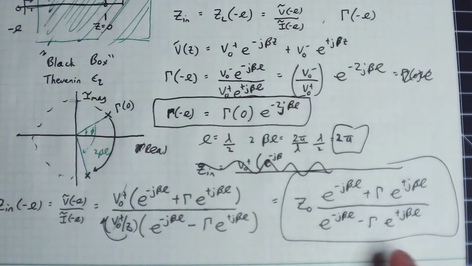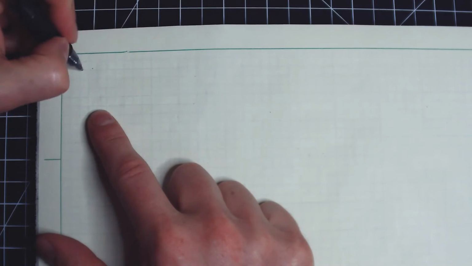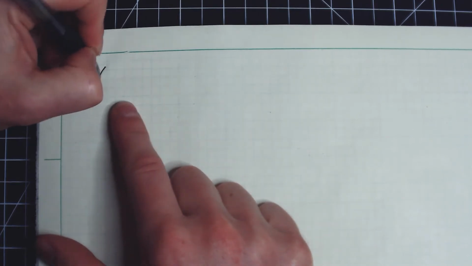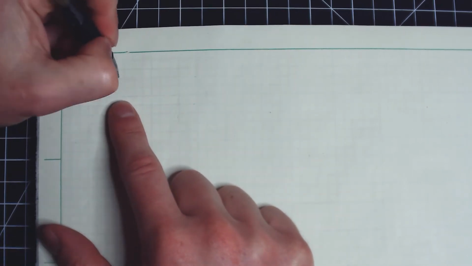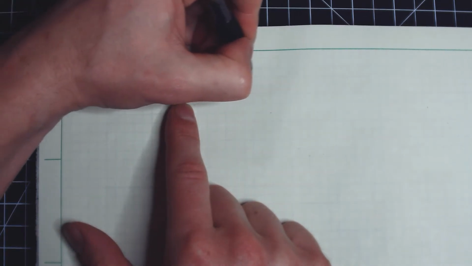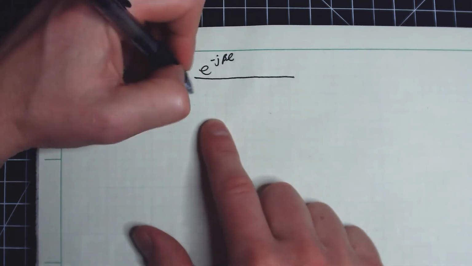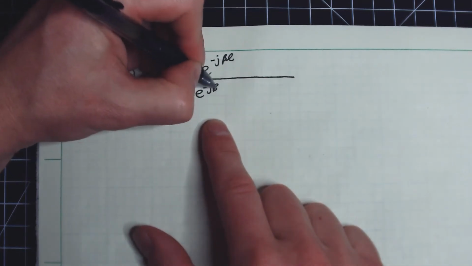Okay, so you can leave it like that, but most references like to take it a couple of steps further. So let's rewrite that over here. So I'm going to have Z in at negative L is equal to Z naught times this thing over here, e to the minus j beta L. So bear with me, I got to rewrite all this.